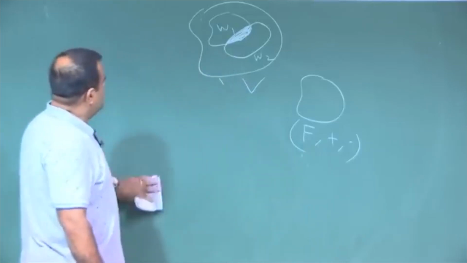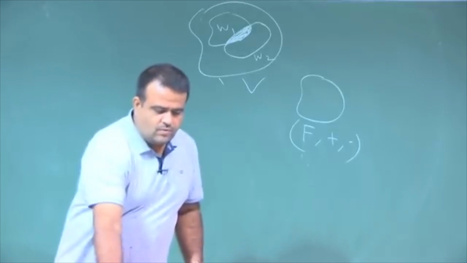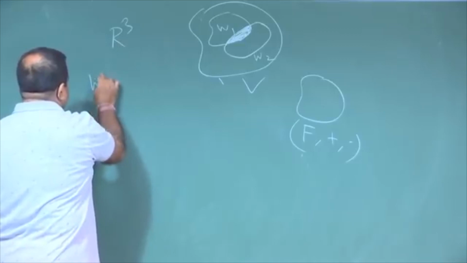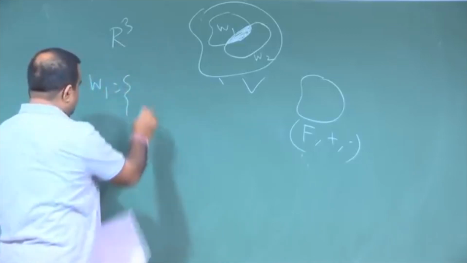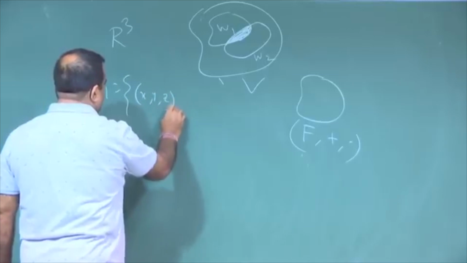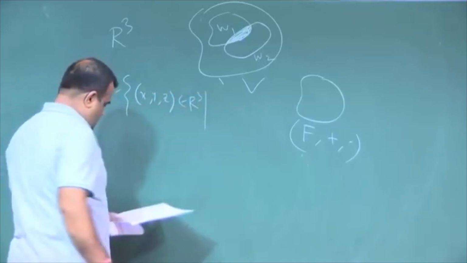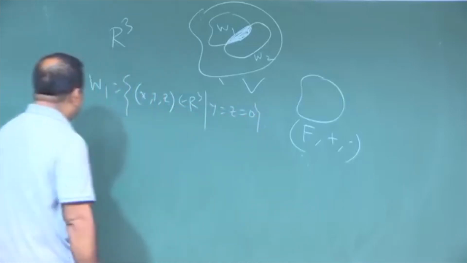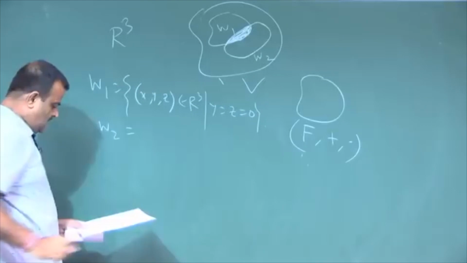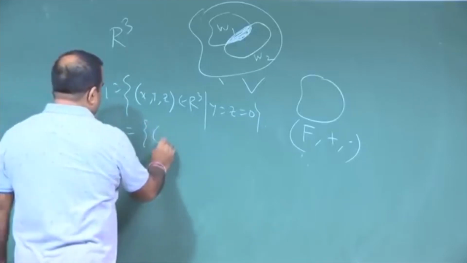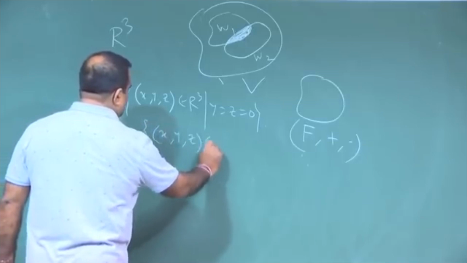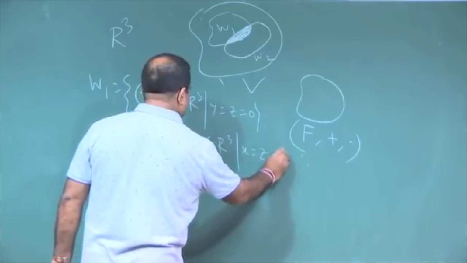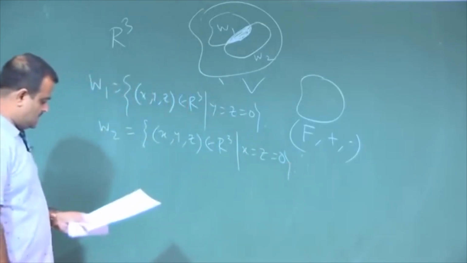So, for example, if you take two vector spaces over R3, say W1 is basically, if you take y and z to be 0, so we have only the x axis, and W2 is basically, with x and z to be 0, we have only the y axis.